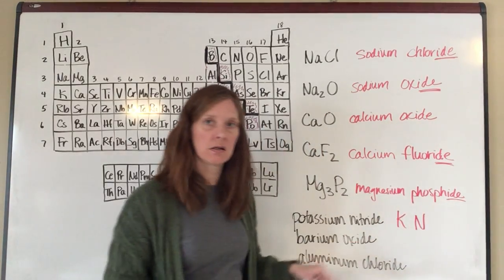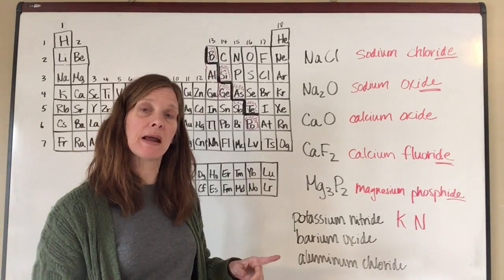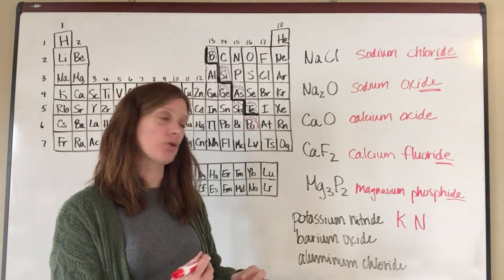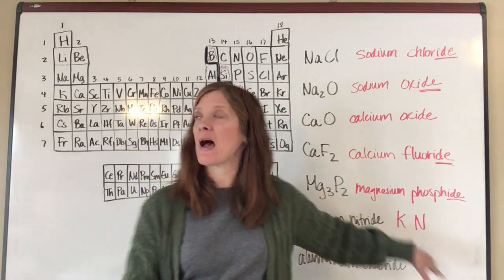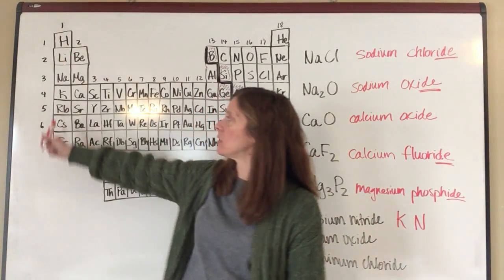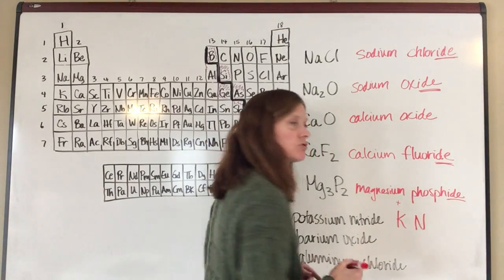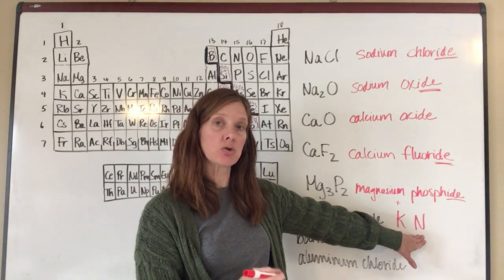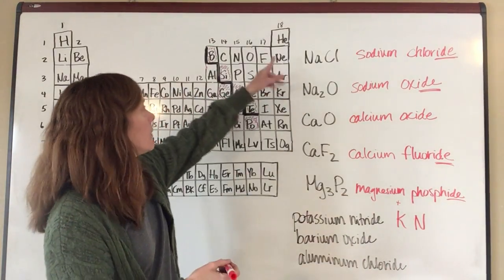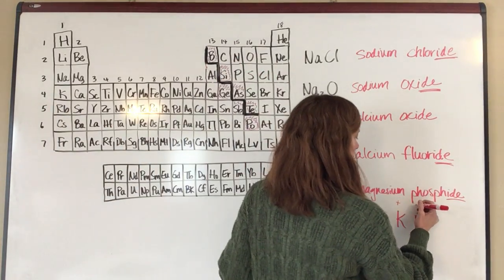So are we done? No, we are most certainly not done, because we have to think about how many electrons they're going to be transferring to each other. What charge does potassium normally have? Well, it's in the first column on the periodic table, so it normally has a +1. I'm just going to put a little plus up there so that I can remember that. I have a nitrogen. Nitrogen is normally what charge? Well, again, it wants to gain 3 electrons, so your nitrogen's normally going to be a -3.